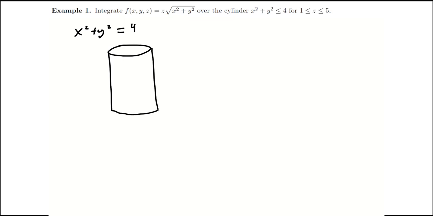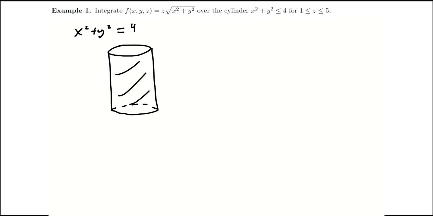So x squared plus y squared equals 4 produces an actual cylindrical shell. It's only the cylinder itself, it's not actually filled in.